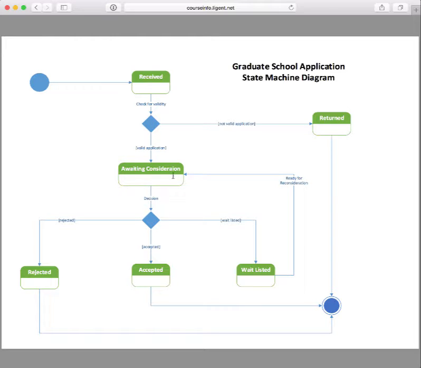Okay? And then there's some kind of process that goes on in which it gets considerations. Maybe a lot of processing that goes on right under awaiting consideration. Okay? What kind of things can happen? Well, we start to consider it. So maybe we distribute the application information to the people on the committee.